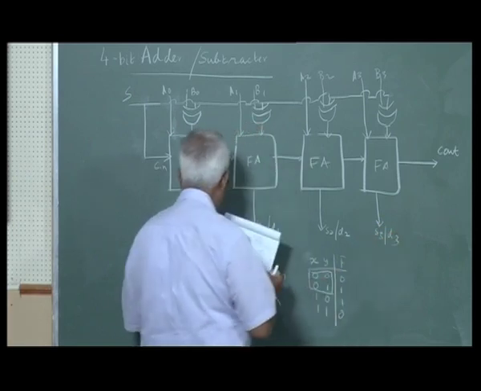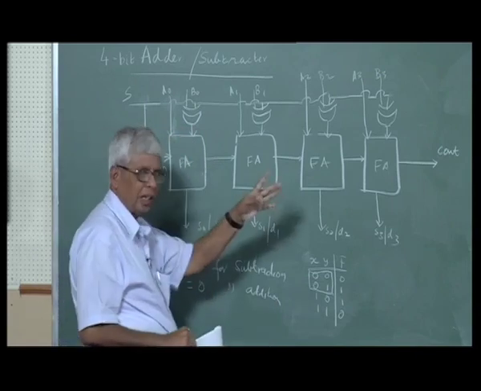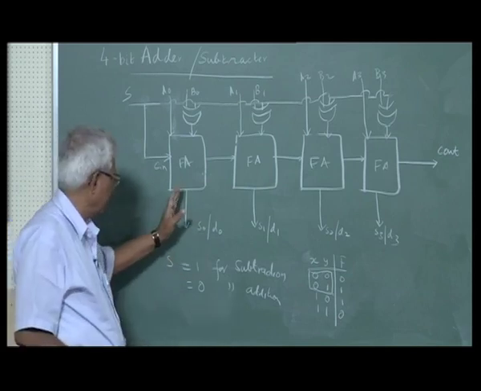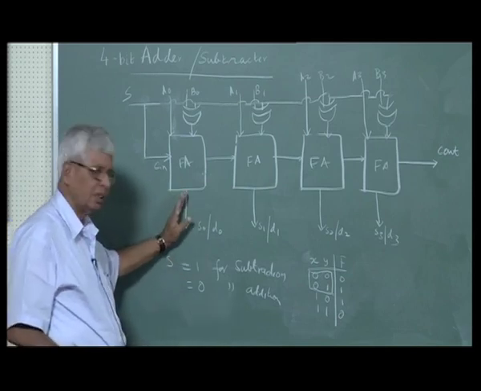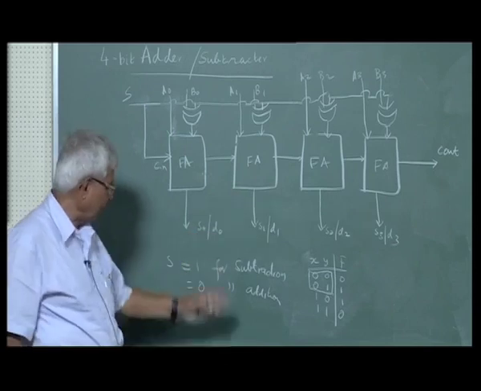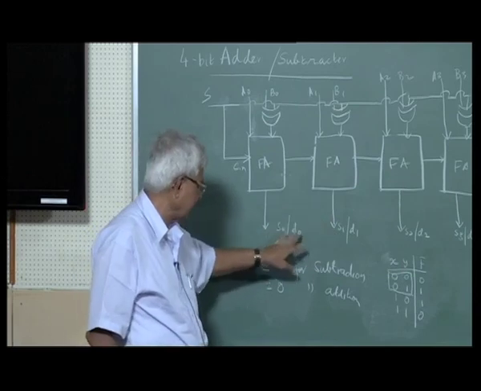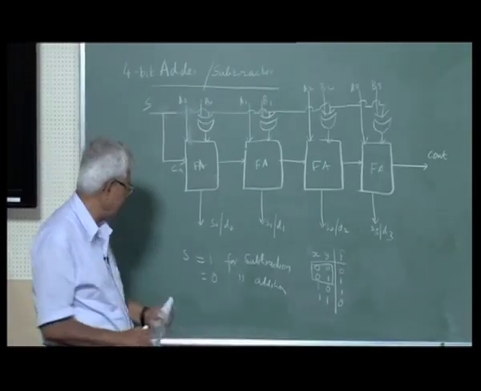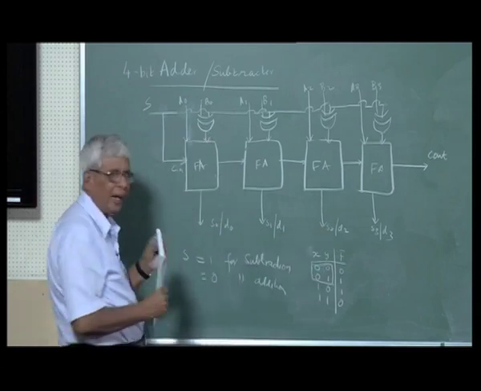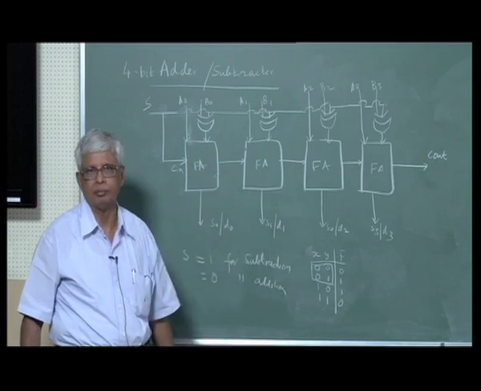I don't have to write like this, with a slash. This is S0, S1, S2, S3 of a full adder. First bit sum, second bit sum, third bit sum, fourth bit sum. Automatically this becomes difference 0, difference 1. So this extra slash is not required. It is actually S0, S1, S2, S3 of the full adder also acts as D0, D1, D2, D3 of a full subtractor.